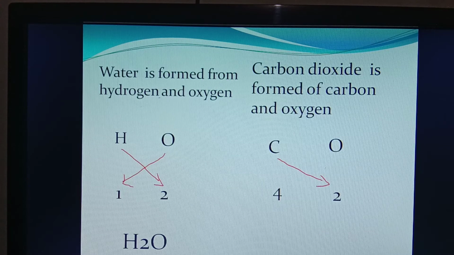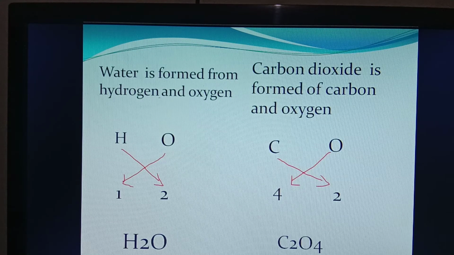Crisscross this way. Okay. Now, if we write the formula, what we will get? C2O4. But we are not writing C2O4. We are writing in the simplest ratio, dividing by 2. Okay, so we are getting CO2, carbon dioxide.